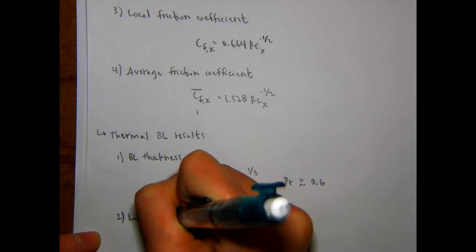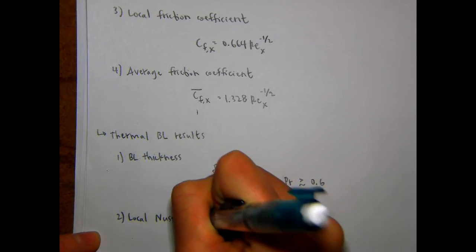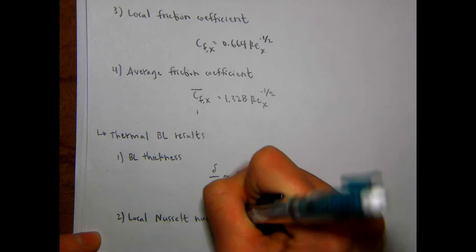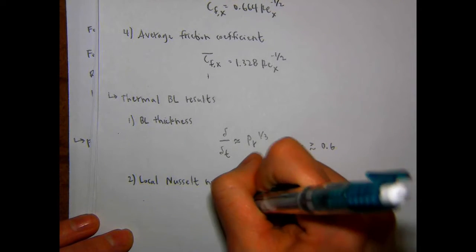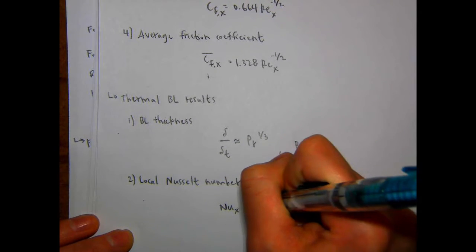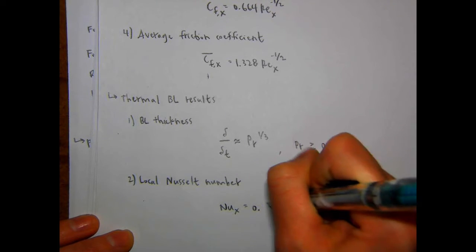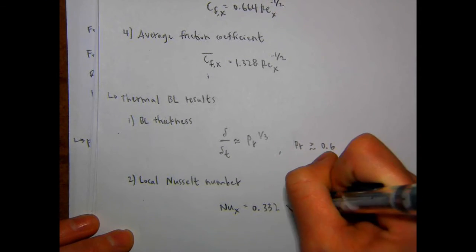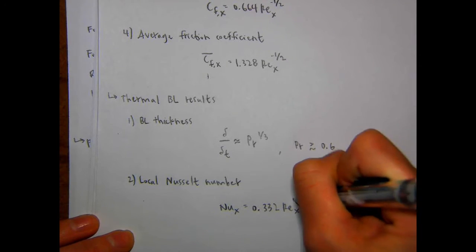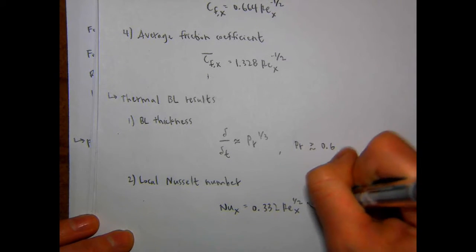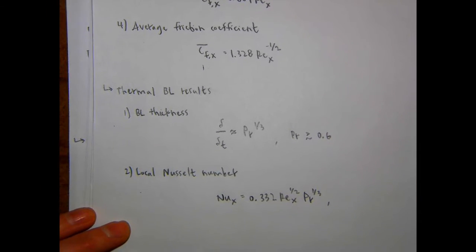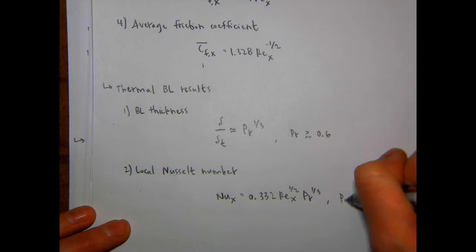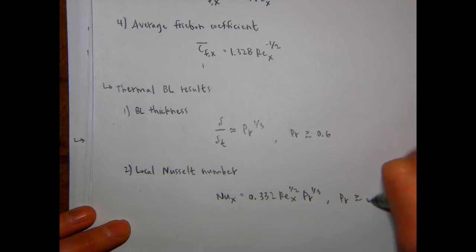So the local Nusselt number is equal to 0.332 times the Reynolds number to the 1/2 times the Prandtl number to the 1/3, again applicable for Prandtl numbers greater than approximately 0.6.